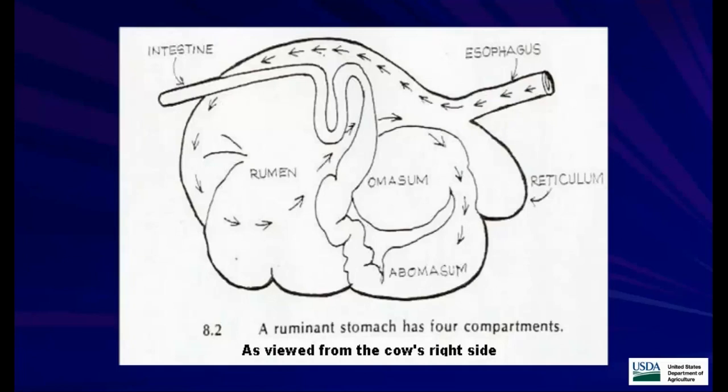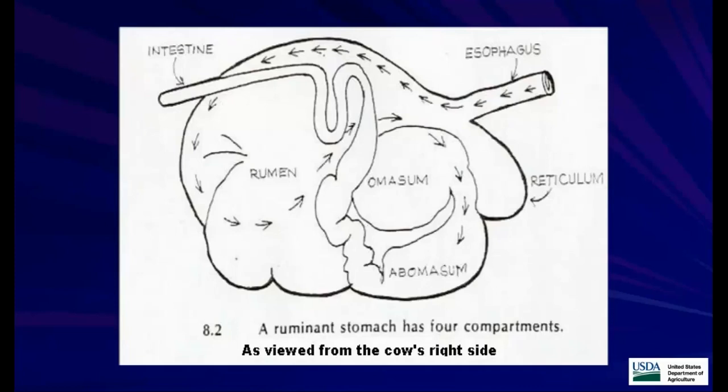The reticulum squeezes, pushes the cud back up to the mouth, where the animal chews it a little bit more, breaks it down into smaller particles, and then it comes back down into the rumen and can be digested. The omasum and the abomasum are the next two areas. Liquid gets pulled out in the omasum. If you were to open it up, it looks like a book that you would open up to the binding.